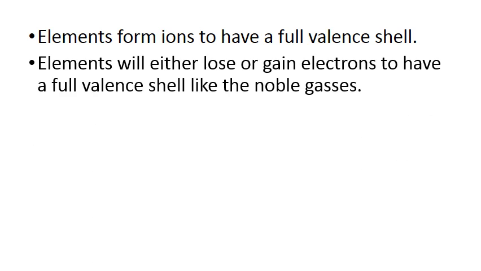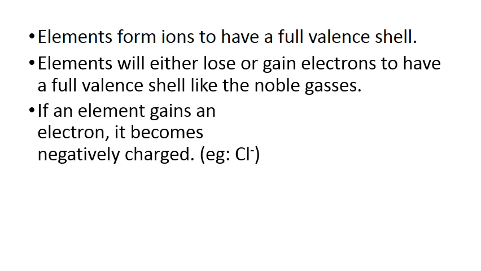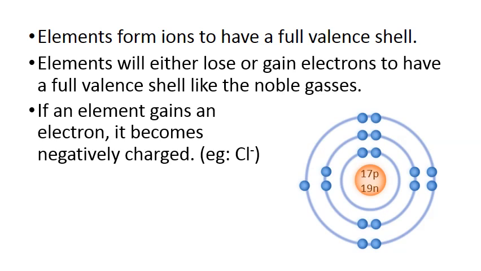Elements will either gain or lose electrons to have a full valence shell, just like the noble gases. If an element gains an electron, it becomes negatively charged, like chlorine. So here we have chlorine. To have a full valence shell, it needs to gain 1 electron. Now, because it has more electrons than protons, it's negatively charged.